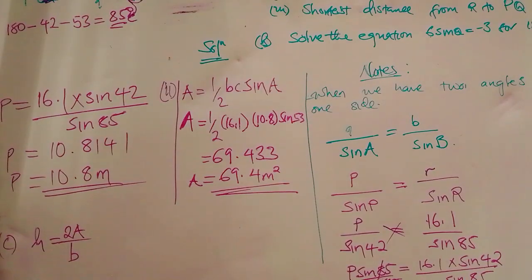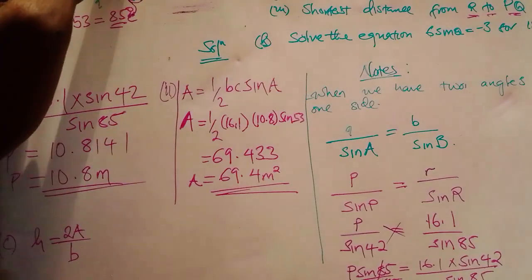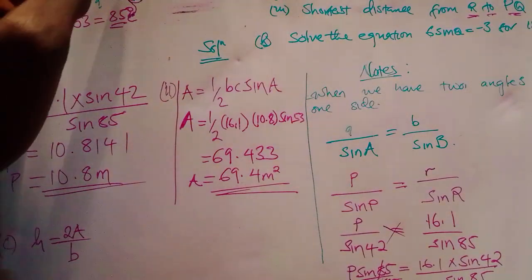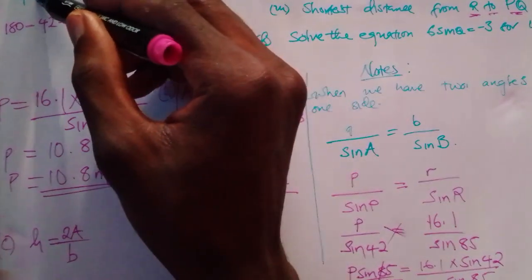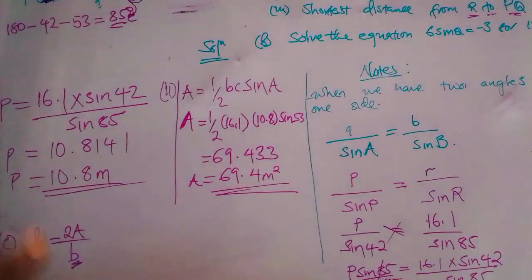And they are saying the shortest distance is from R to PQ. So if they say R to PQ, our PQ is the base.